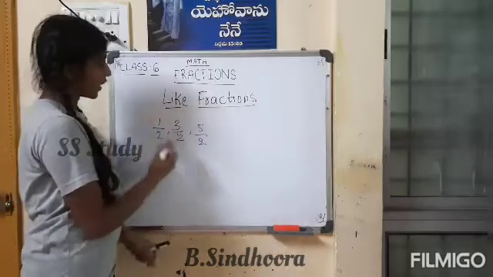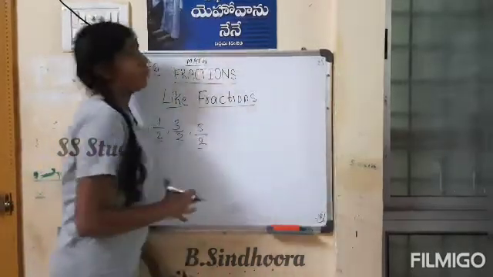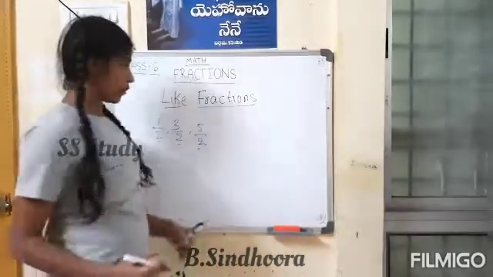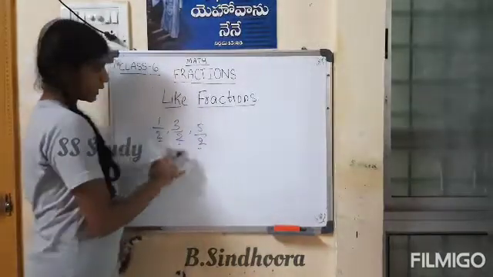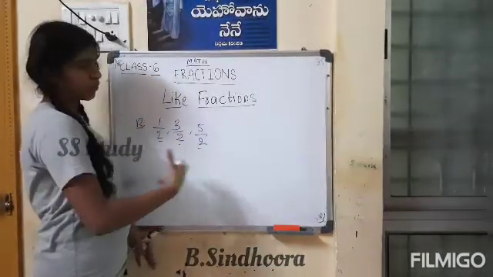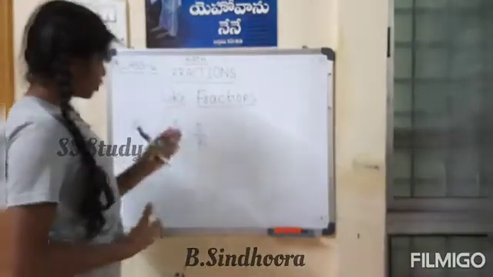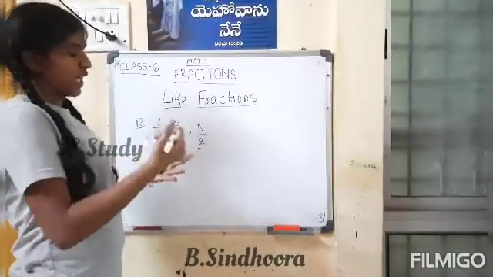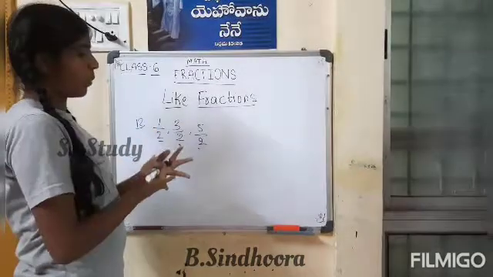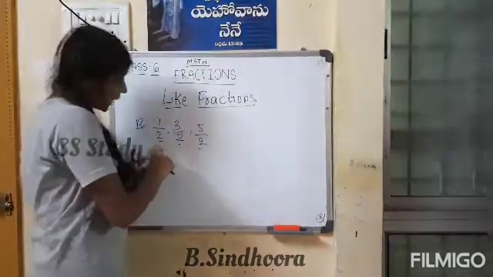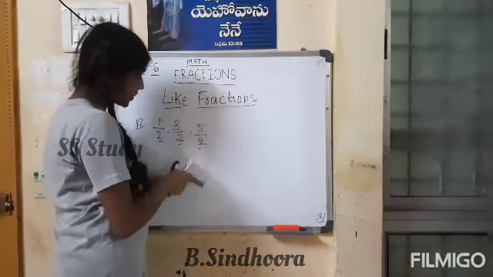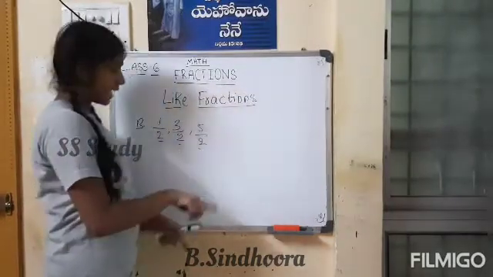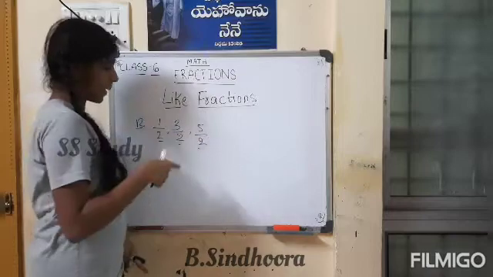How to find like fractions? If they ask, find like fractions in these groups. This is a B group. So many groups, A, B, C, D groups. You do not need to check which are proper or improper. First you need to check if these groups have the same denominators. If yes, circle the group or tick something.